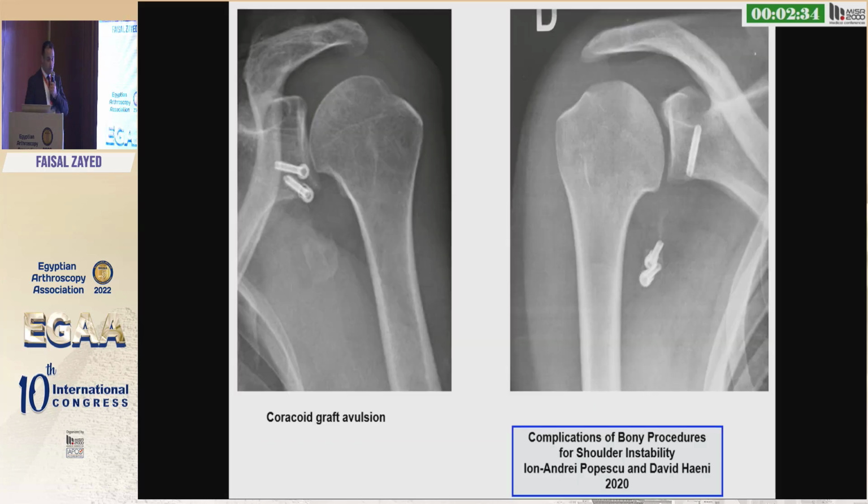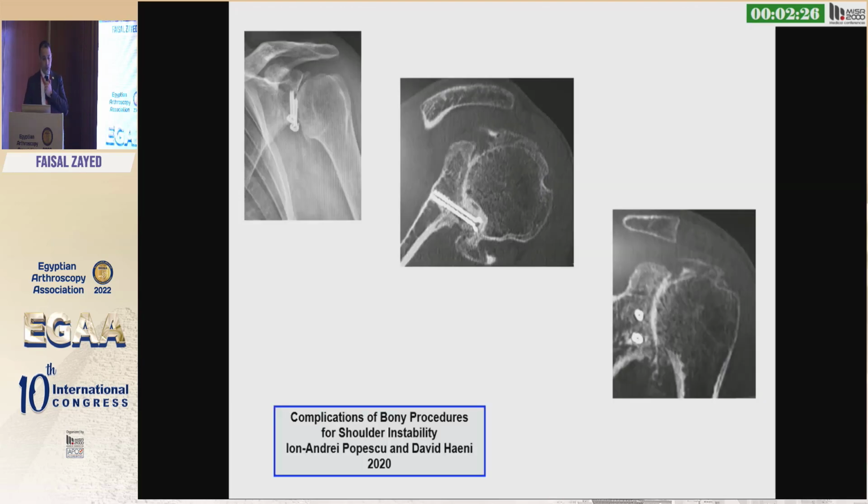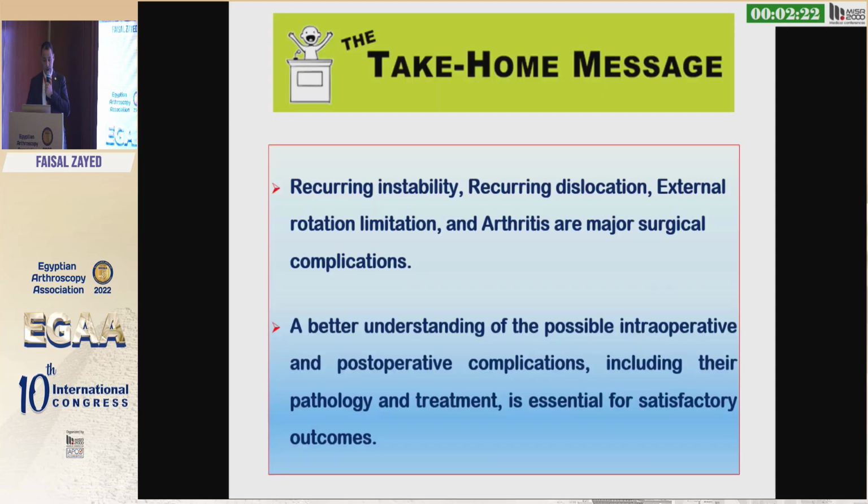These are examples of some complications after bony Bankart procedures, such as coracoid graft avulsion or extensive osteoarthritis after Bankart repair.